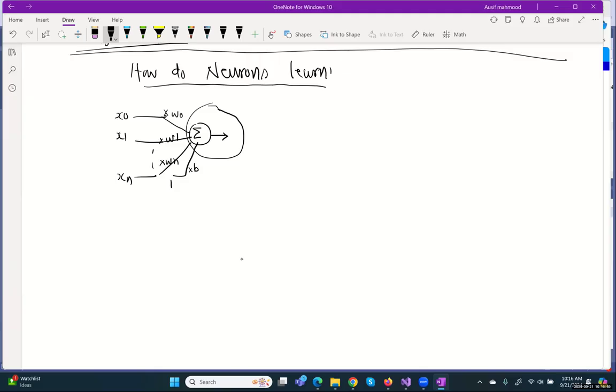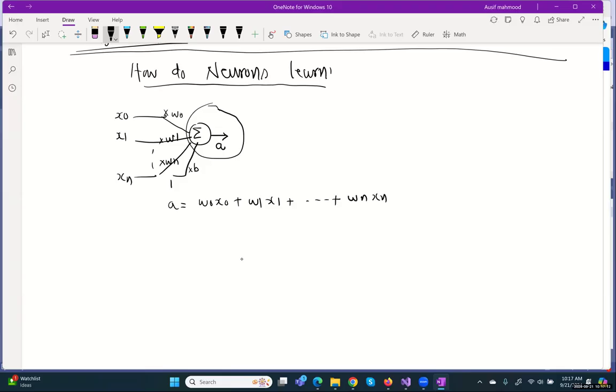So for example, if we call this output A, then the equation for A, as you can see, will be W0 times X0 plus W1 times X1, right? Plus keep going up to Wn times Xn.